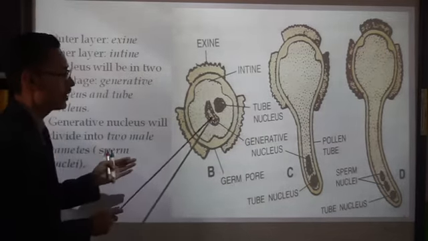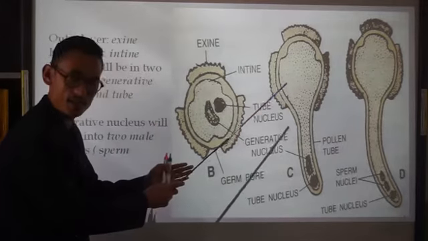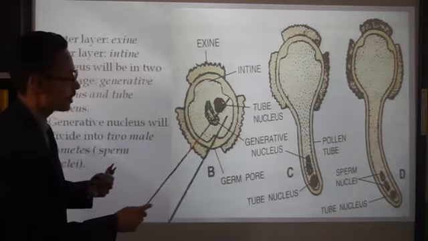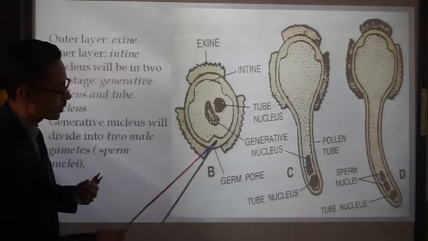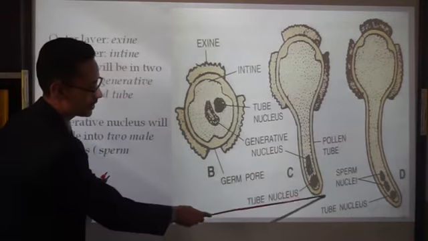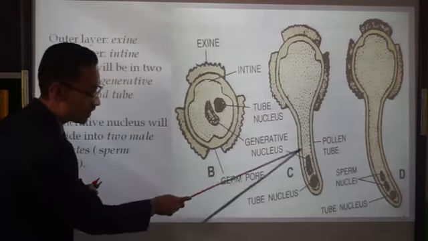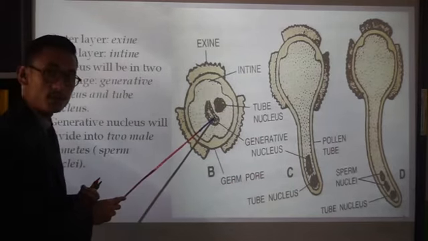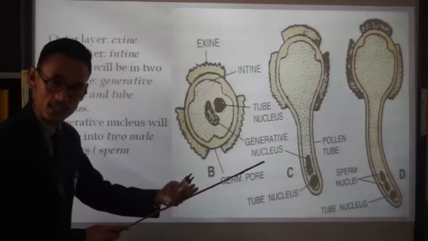And when the pollen grain reaches the stigma, it will germinate. Clear? So on germination, through the germ pore, the pollen tube arises. Can you see over here? This is the pollen tube. And the pollen tube will be formed only when the pollen grain germinates on reaching the stigma.